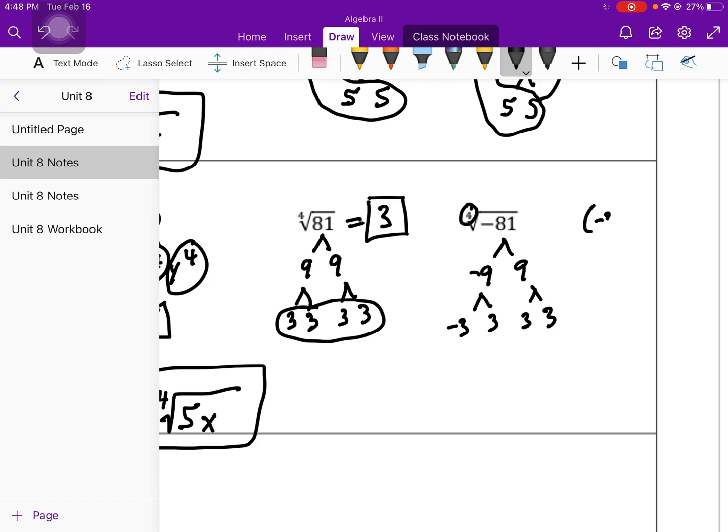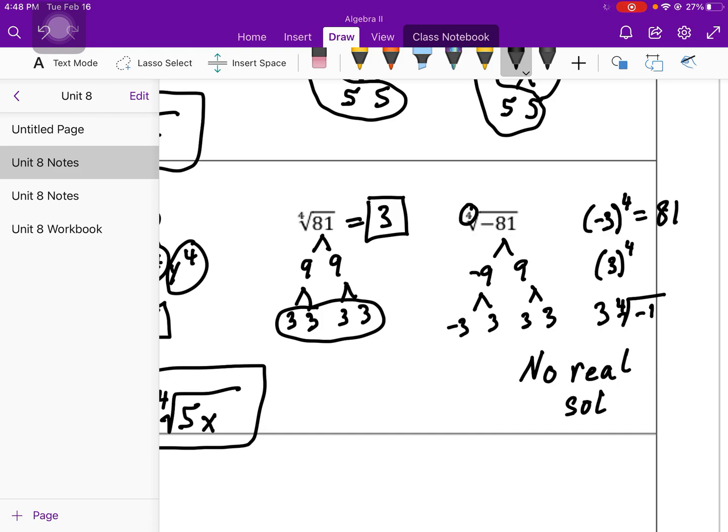But if I were to take, let's say -3 to the 4th power, that's going to give me positive 81. And if I were to take 3 to the 4th power with the 4th root of a -1, that's still not going to work. So when it comes to 4th roots and negative numbers, it's just going to be no real solution.